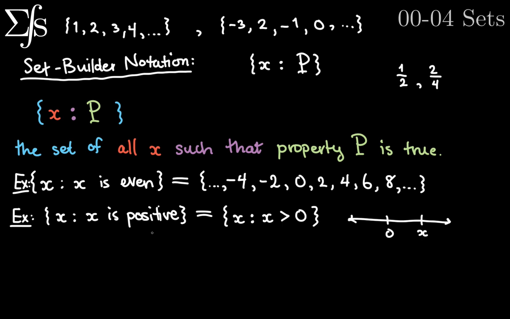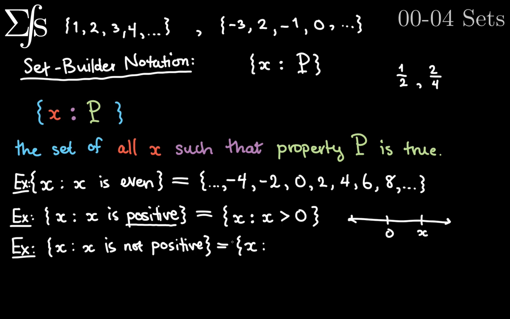And one thing that I should probably mention is there are a couple of interesting sets. So this was the set of all positive numbers. I can also specify the set of all non-positive numbers. So here's the set of all x such that x is not positive. Sometimes my brackets get a little messy like that, so let me just try and clean that up.